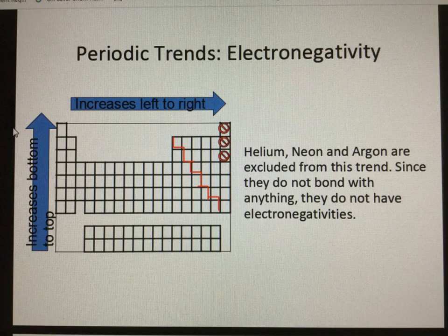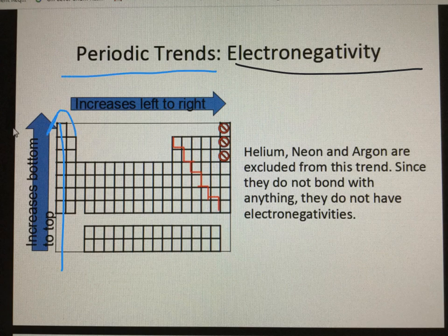Okay, here we go. So our new one and the last one of our trends is electronegativity. So you're going to increase from the bottom up, just like the ionization, and it's going to increase from left to right, just like ionization. So you will have your highest over here and your lowest over here.